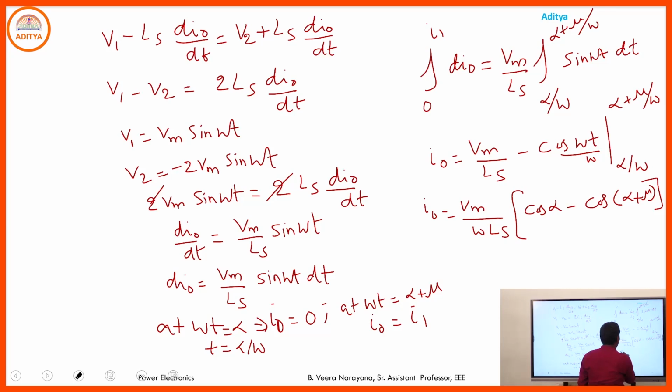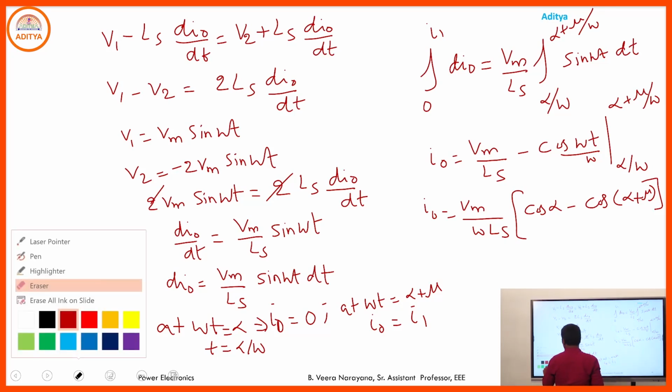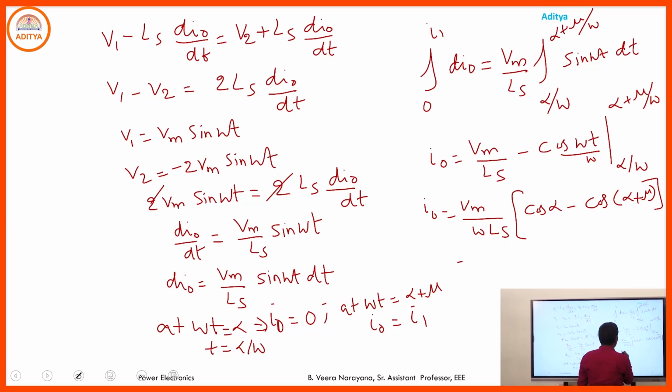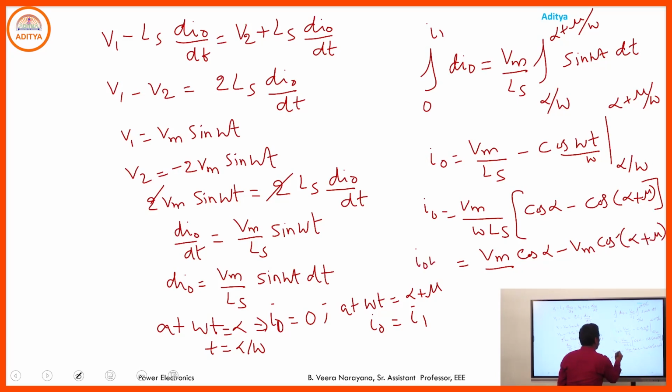Here, what you are getting? Vm into cos alpha minus Vm into cos alpha plus mu, that is equal to I naught into omega Ls.